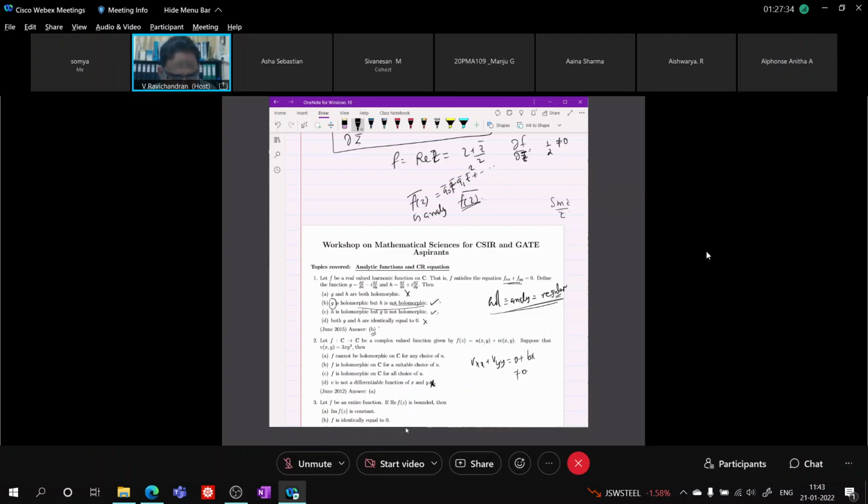So assume that V is complex differentiable, this is ruled out. Then f is holomorphic on C. That is not possible because V is not harmonic. This is gone. f is holomorphic on a suitable choice. This is also gone because even if you find a suitable U, the corresponding V should be harmonic. So all these three are gone. Therefore, this should be automatically true.